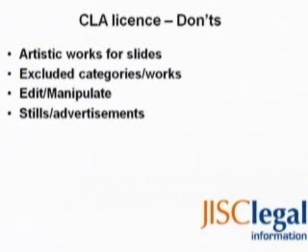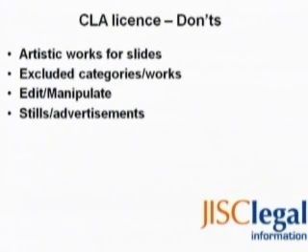The CLA provides a list of excluded categories or works from which copying is not permitted under the CLA license. Some of the excluded works include printed music, newspapers, maps, charts, books of tables, and published examination papers or workbooks.